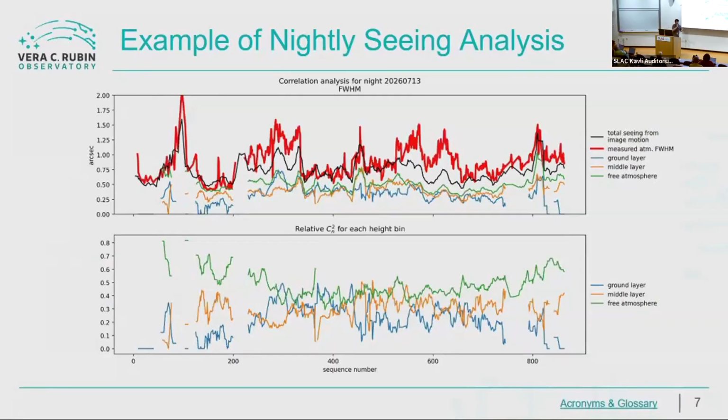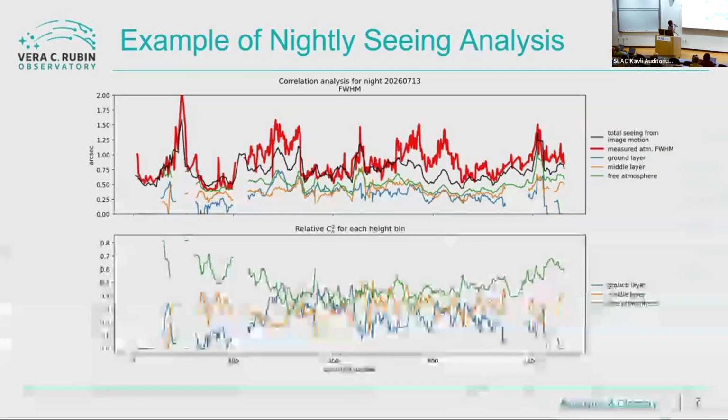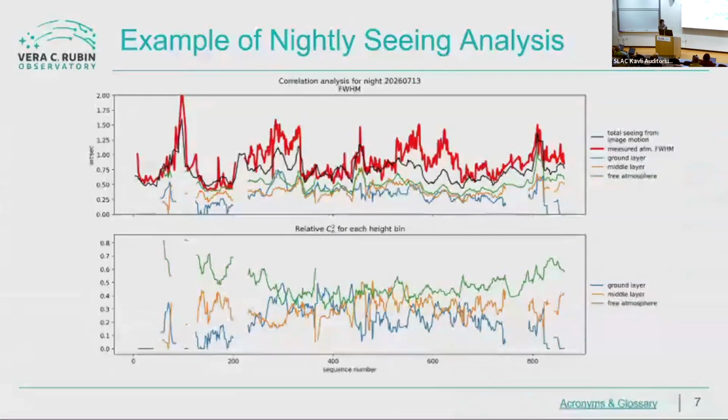That is the PSF size of the science images minus the AOS active optics contribution in quadrature. In theory they should agree, but in practice you can see that most of the time they agree in amplitude, but sometimes they do not. But when that happens, the change with respect to time for the black and red curves still tends to agree well. That's some validation of how well this method works.